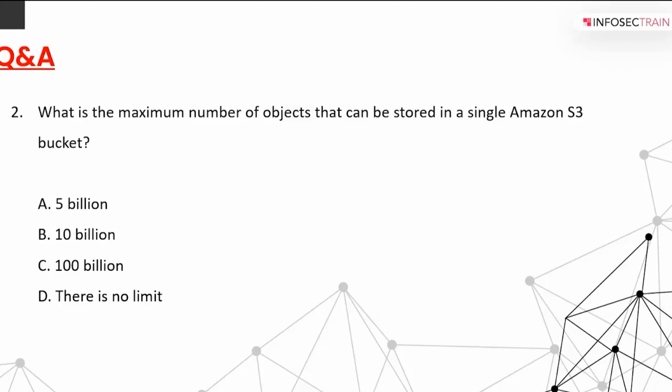Who are saying D, you are absolutely right. The size of one file should not exceed 5 TB, but when it comes to the number of objects, there is no limit. You can store as many as you want. Now let's go to the third part.